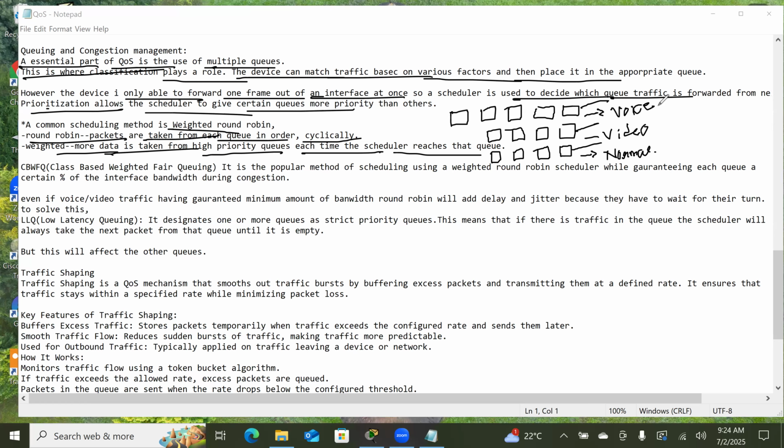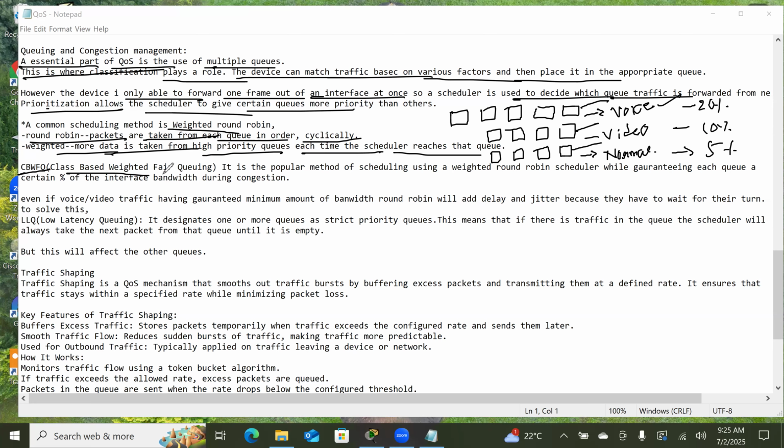Let's suppose when it reaches the voice queue, instead of taking only one packet, it takes two or three packets at the same time, because it keeps them in the buffer. That's what weighted means. That means 20% will be taken from this one at the same time, and here 10% and here 5%, like that. Understood?